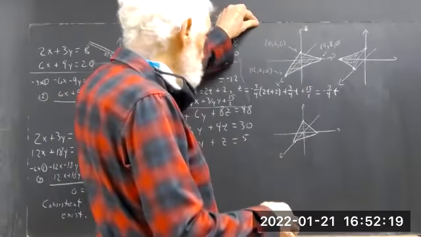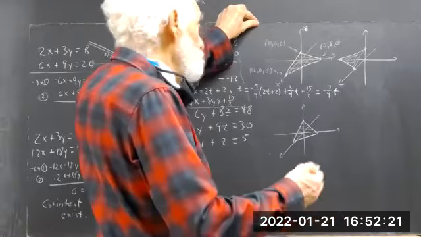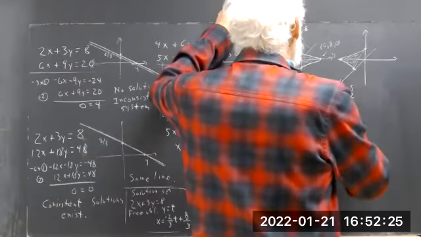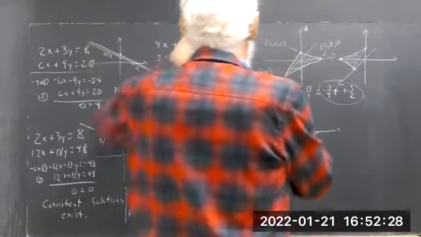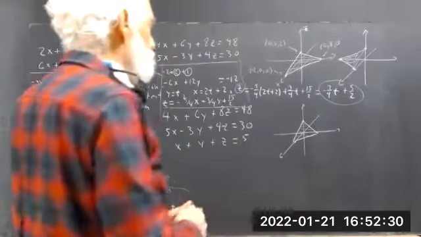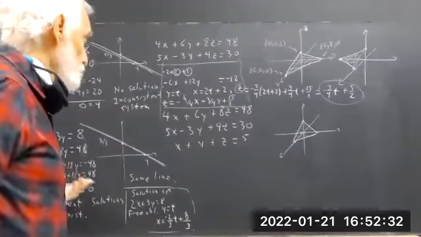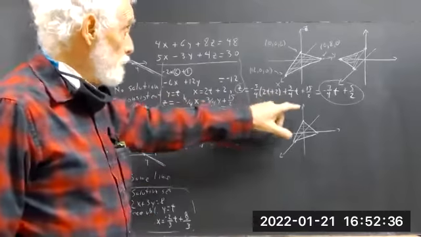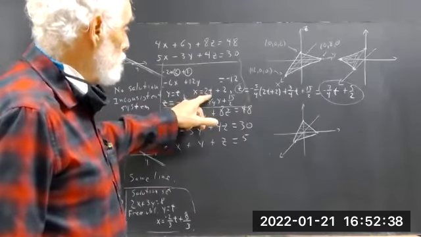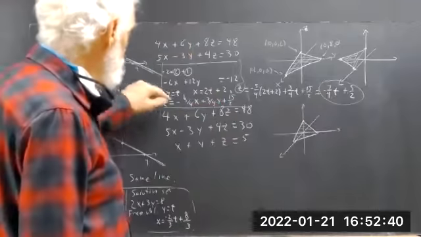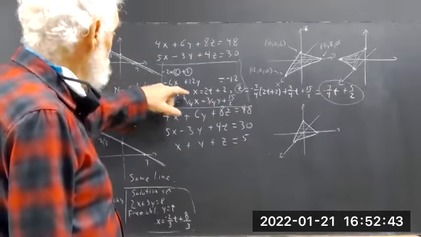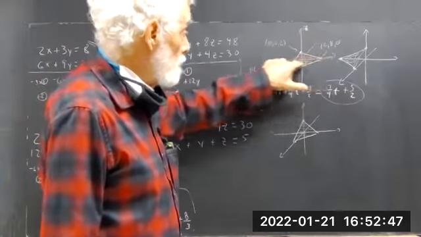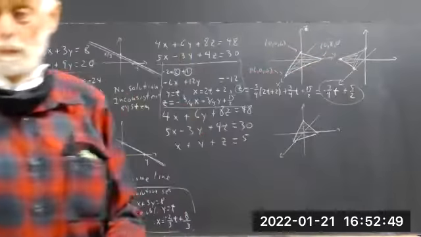Okay, negative 10 halves and 15 halves is 5 halves. So there's your expression for z. And now, take any value of t, plug it in here, plug it in here, plug it in here, and you have coordinates of a point x, y, z on the line of intersection between these 2 planes.